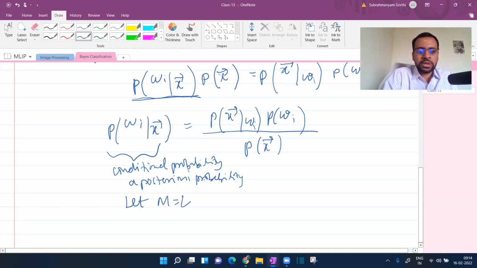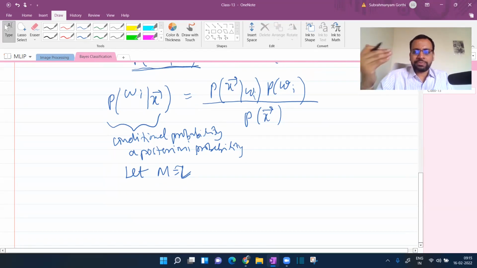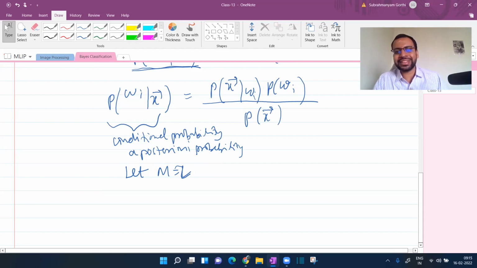That means there are two classes, omega 1 and omega 2. Now let us go through these three terms one by one and make sense of them. Listen carefully and follow me carefully. Otherwise, you may think I'm bluffing you, just changing omega i given x bar to x bar given omega i. It looks like a gymnastics of a few terms.